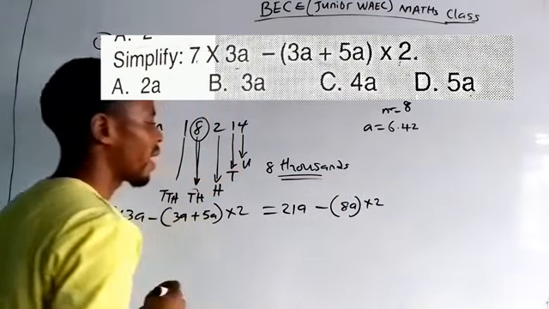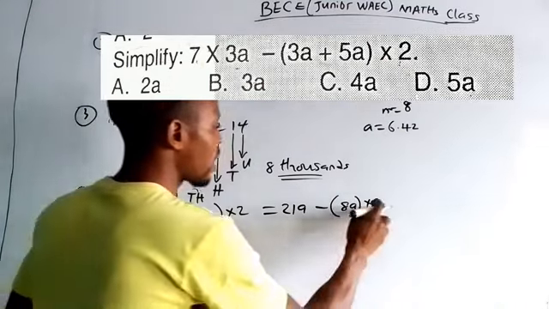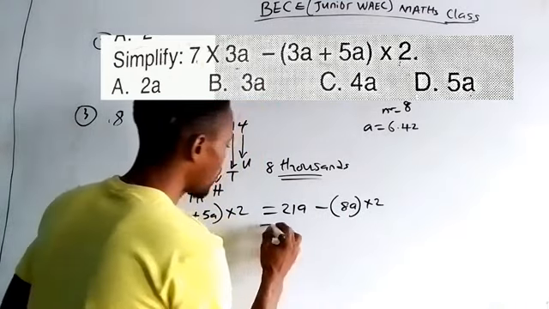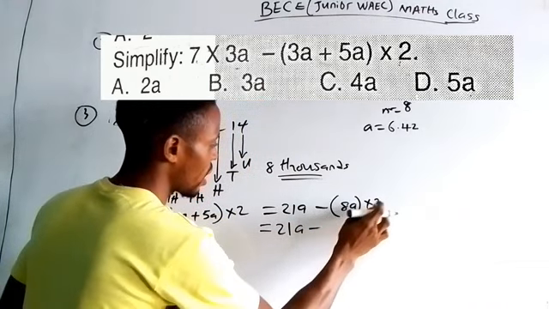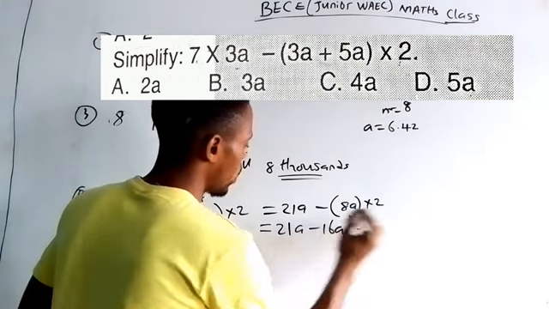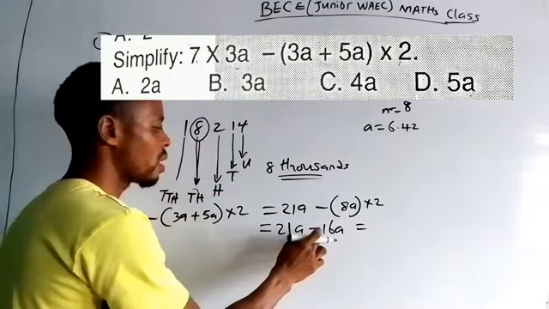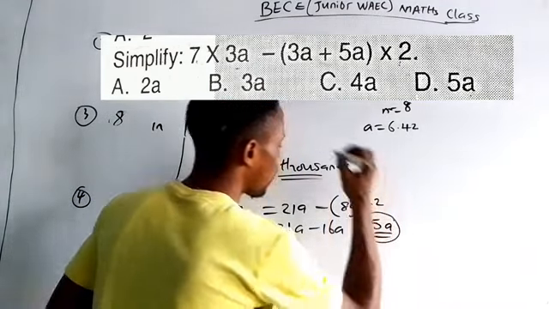So let's open the bracket by multiplying by 2. 8 times 2 we have 16a. So that will be equal to 21a minus 16a. If we do the subtraction, 21 minus 16, we have 5a. So the answer is equal to 5a.